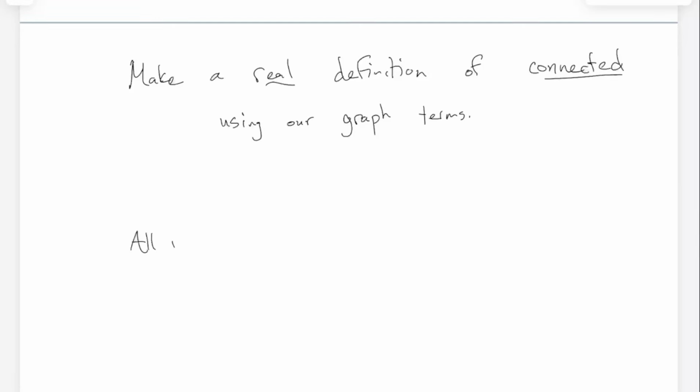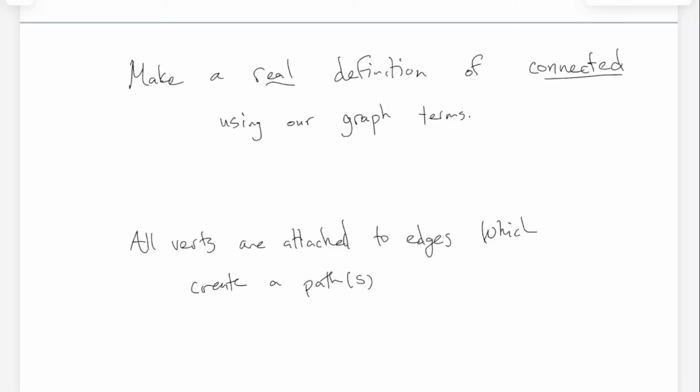A connection in a graph is when all verts are attached to edges, which create a path or paths. Is that what you said? We just did path with the parentheses S. Okay. Paths. Great.